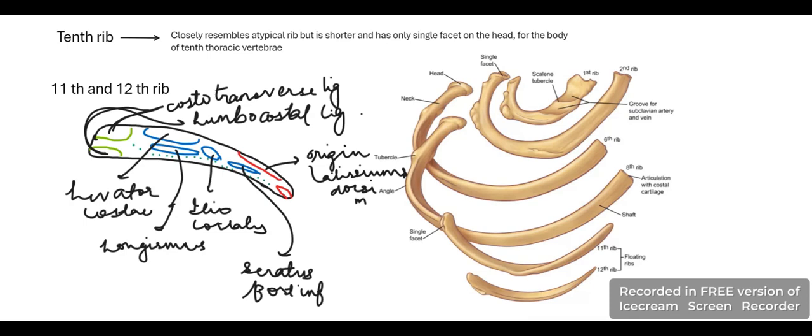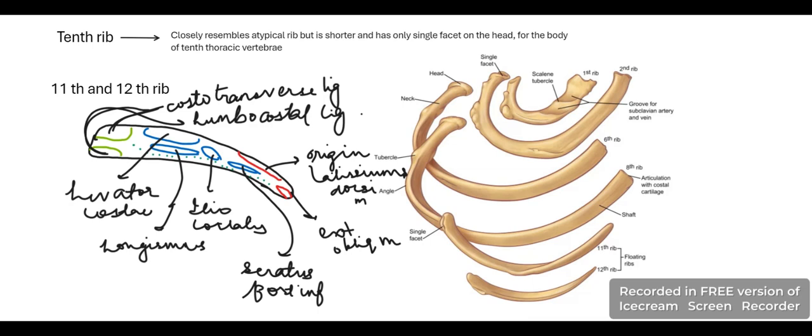So next, here below is the origin of the external oblique muscle of the abdomen. Now, the intercostal muscles are attached on the upper border.